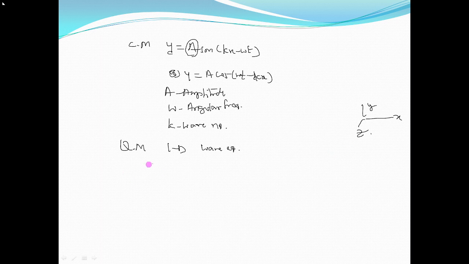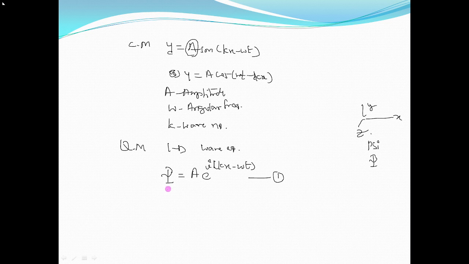So in one dimension, the wave equation can be written as psi, where the p is silent, psi is equal to a e power i kx minus omega t. This is equation number 1.